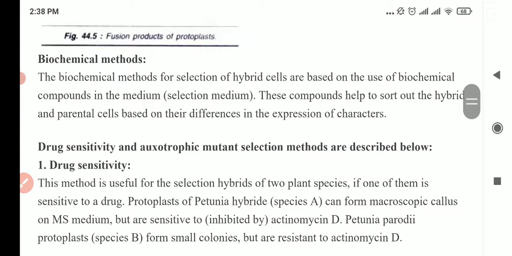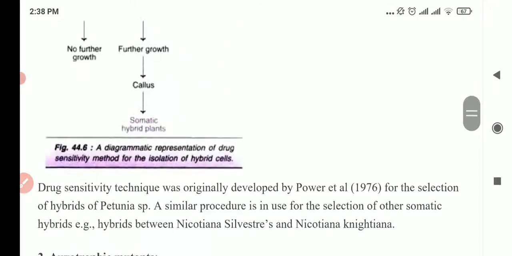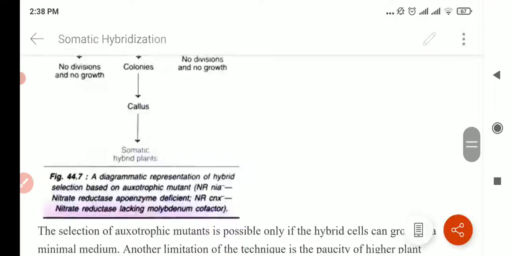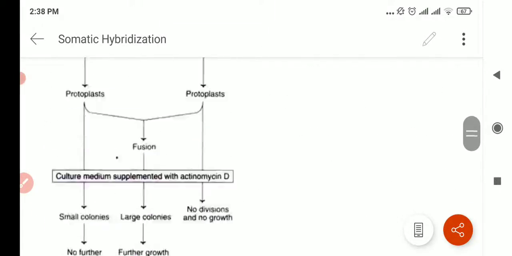So you can select them through the biochemical method, meaning you use chemicals to select them. So how do you select them? By using drug sensitivity or auxotrophic mutants, or you can just observe them by visual methods. So let's look.